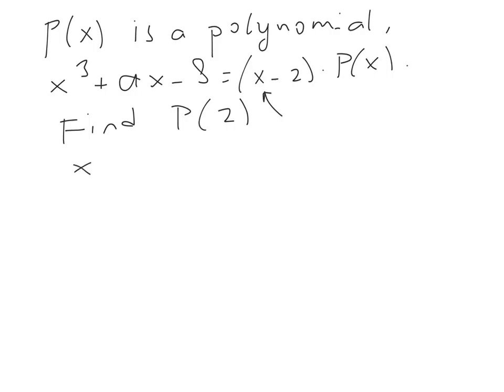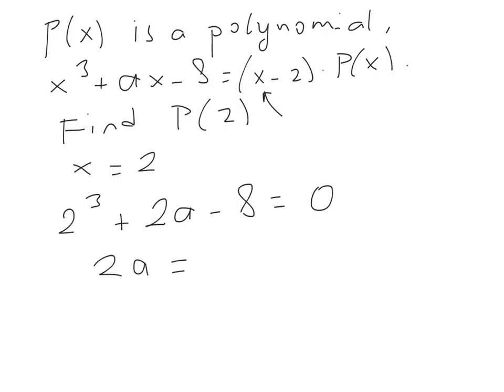So x equals 2: 2 cubed plus 2 times a minus 8 equals 0. As 2 minus 2 is 0, 0 times p of 2 is 0. Then I can easily find the value of a here. So 2a equals 8 minus 8, so a equals 0.